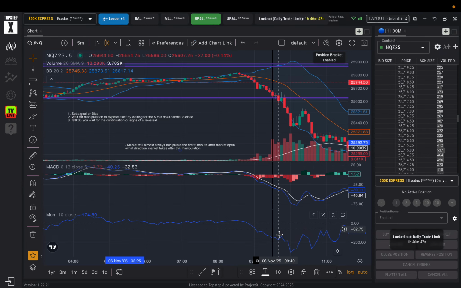Also, the momentum charts weren't completely down. They were overall bearish, but not aggressively bearish. So I was looking for a reversal. I think I entered around here on a long, and I got stopped out right here.